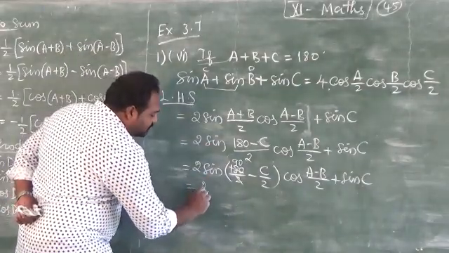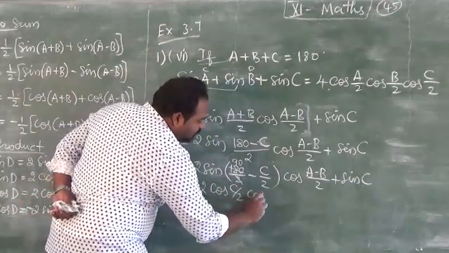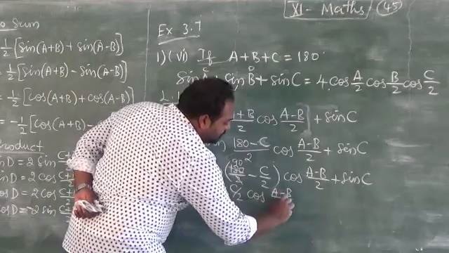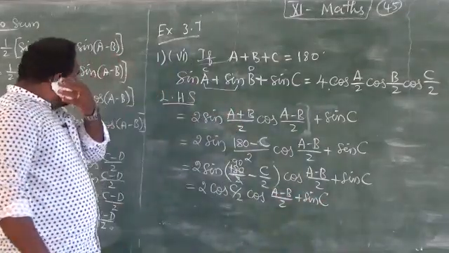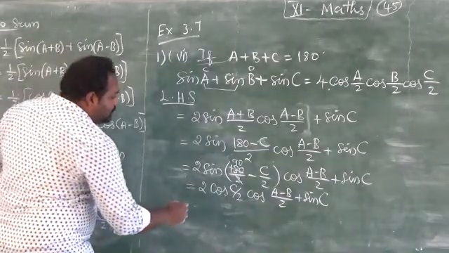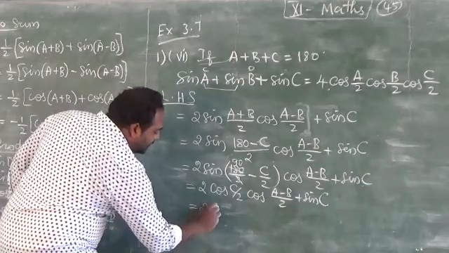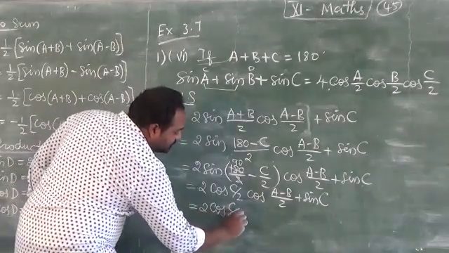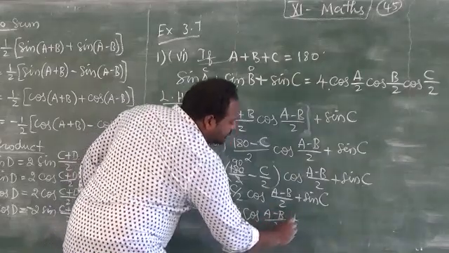So if you change co-ratio, sin into cos: 2 cos C by 2 into cos A minus B by 2 plus sin C.